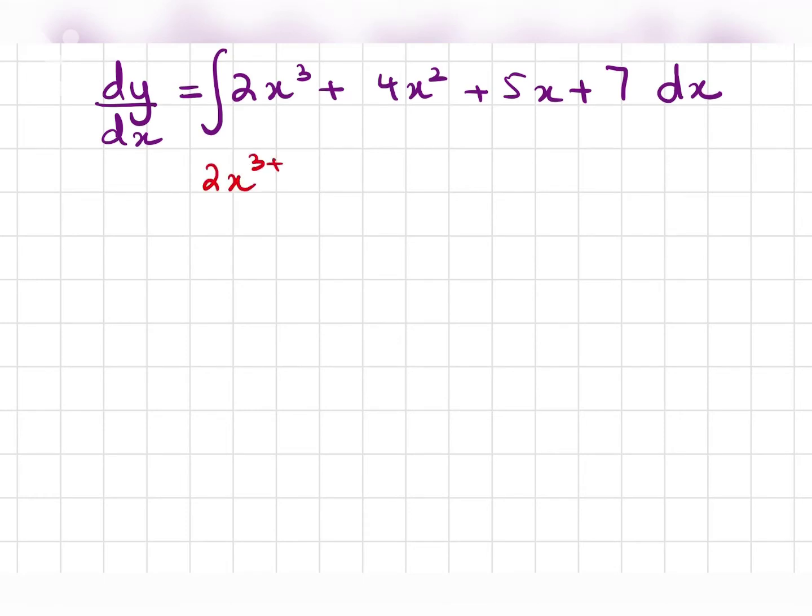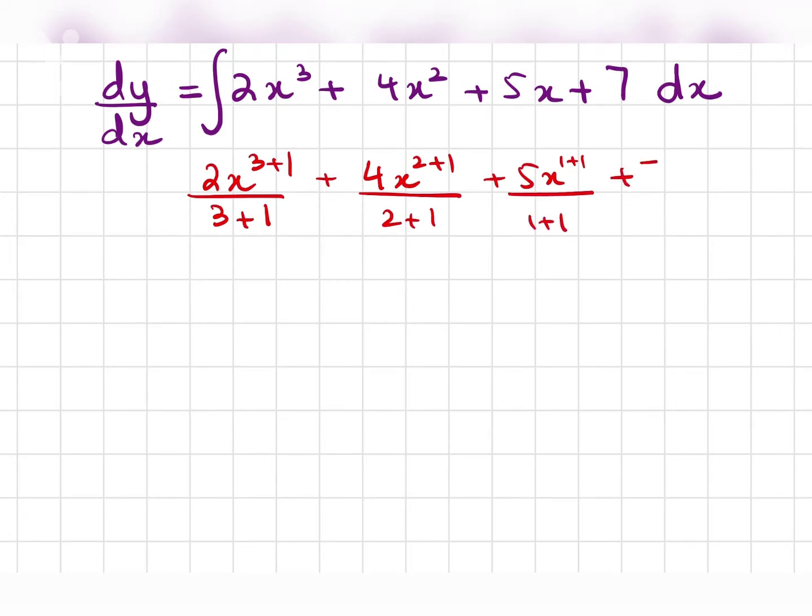So 2x to the power of 3 plus 1 divided by 3 plus 1. You can do it directly as well, but I'm just showing some more steps. This will be 4x to the power of 2 plus 1 divided by 2 plus 1, plus 5x. There's a power of 1, so 1 plus 1 divided by 1 plus 1. Then we have 7. There's no x over here, so we will be adding an x and a plus c to it. Okay, let's simplify this.